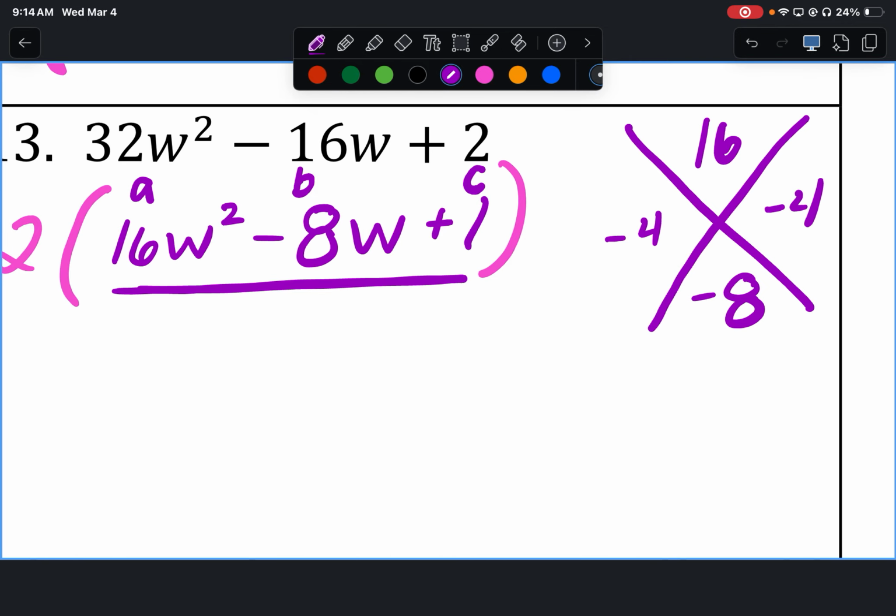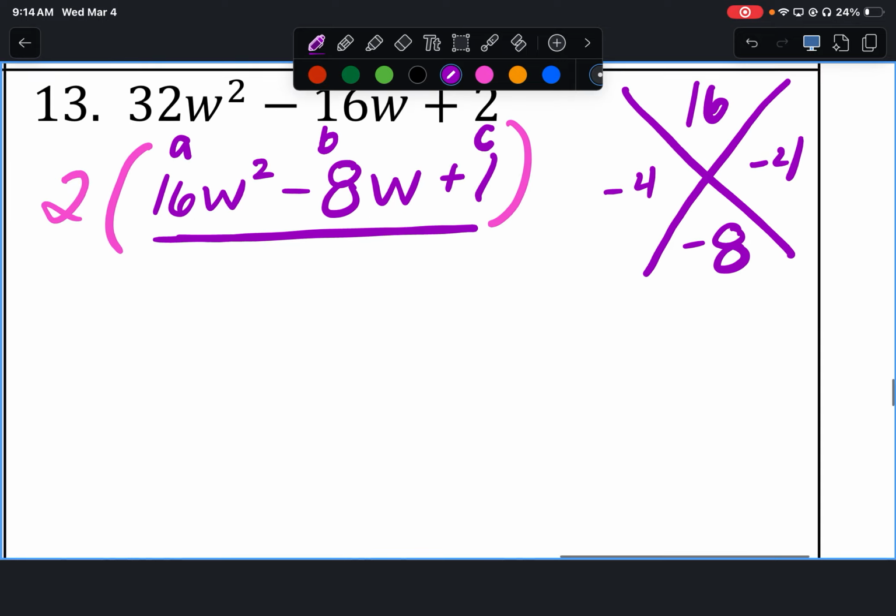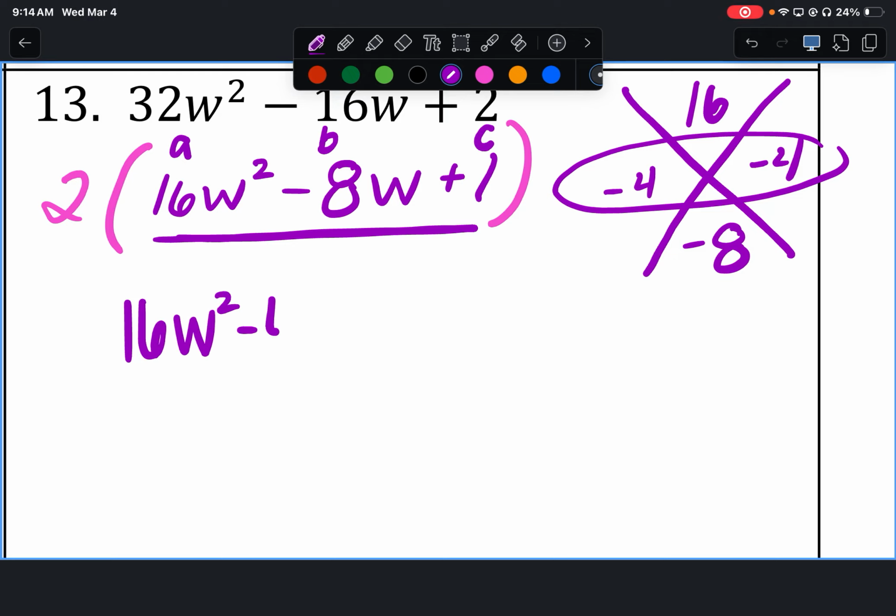Negative 4. Both of them negative, because a negative times a negative is a positive. But if you add these two together, you get negative 8. So now we use these two terms to rewrite our trinomial. So we'll get 16w squared minus 4w minus 4w plus 1.